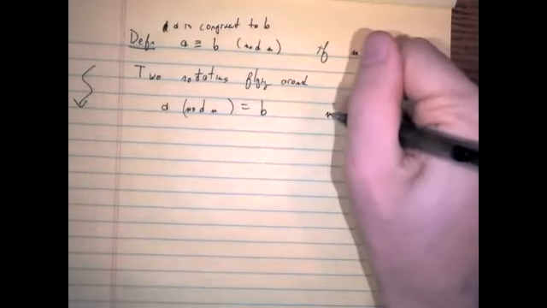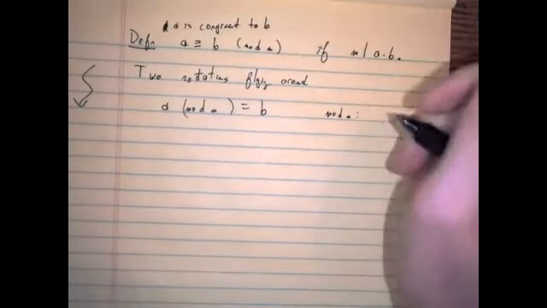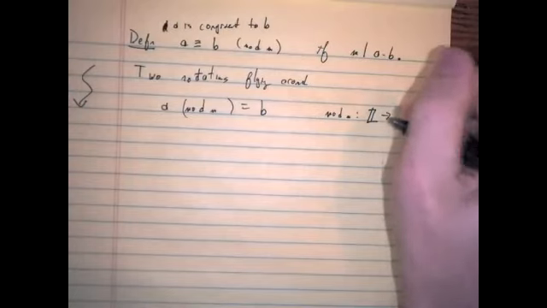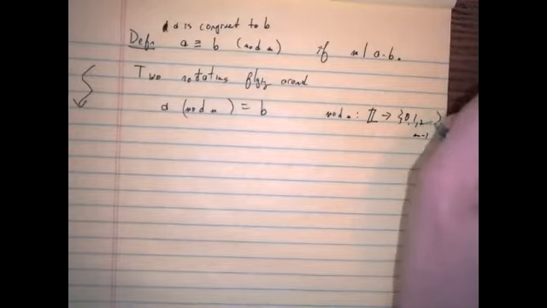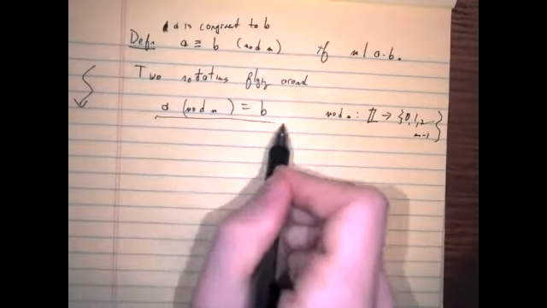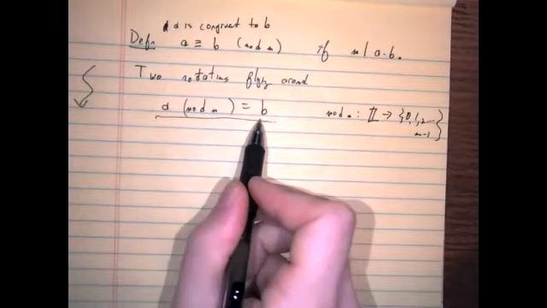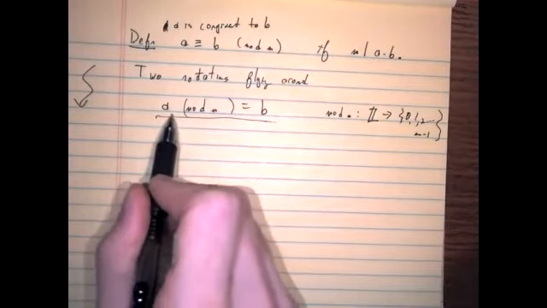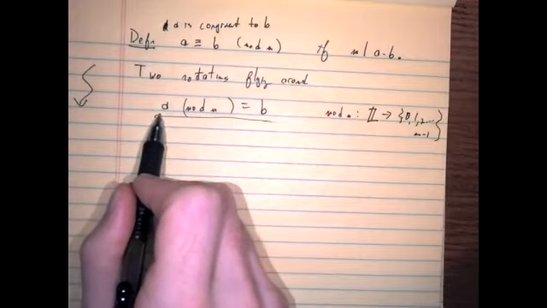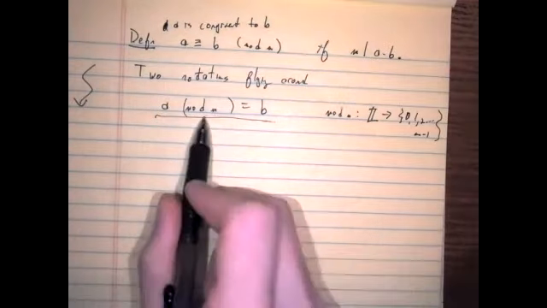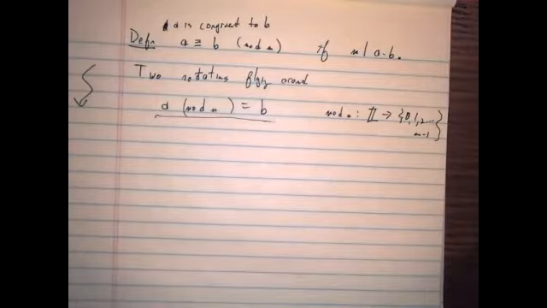Remember, mod M is a function taking you from Z to 0, 1, 2, all the way up to M minus 1. And so this notation says I take a number A, which is any integer, and then I pick up its remainder mod M, and that's going to be equal to B. So this is one notation and one concept.